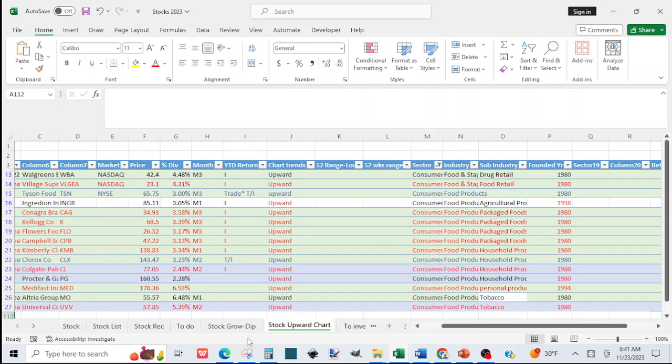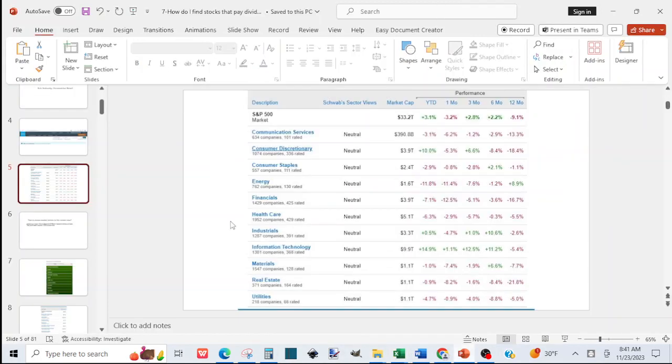And when you invest in the stocks, you can look at your stocks to see what sectors you're already investing in. You just want to make sure you invest in every sector.